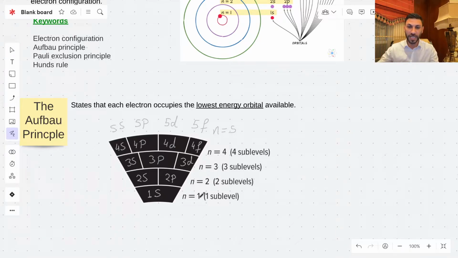Now, in n equals 1, we have only one S, and this one is the lowest energy. In the diagram, we will check. When n equals 2, we have 2S and 2P. n equals 3, we have 3S, 3P, and 3D. When n equals 4, we have 4S, 4P, 4D, and 4F.